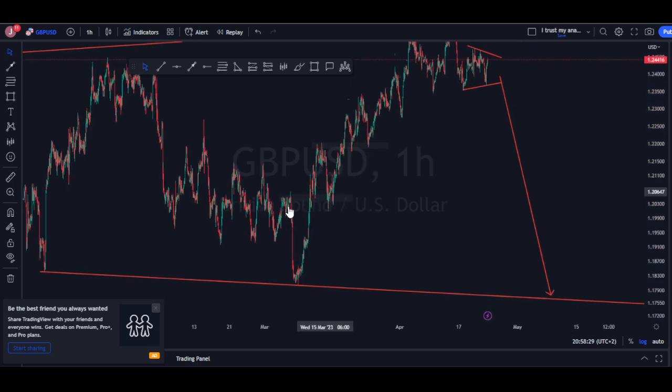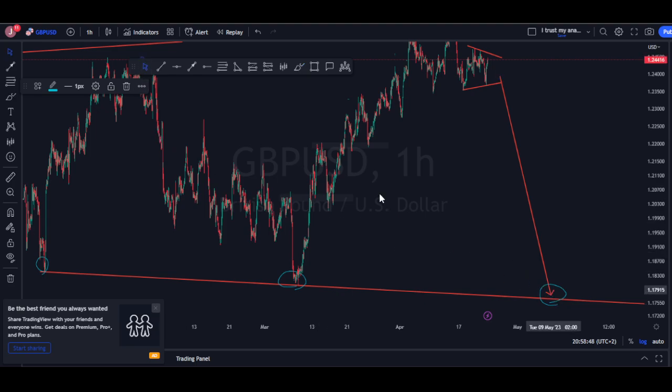And once we get there, ladies and gentlemen, as you can see, we have a first touch, second touch, and we'll be having that third touch to complete this pattern.